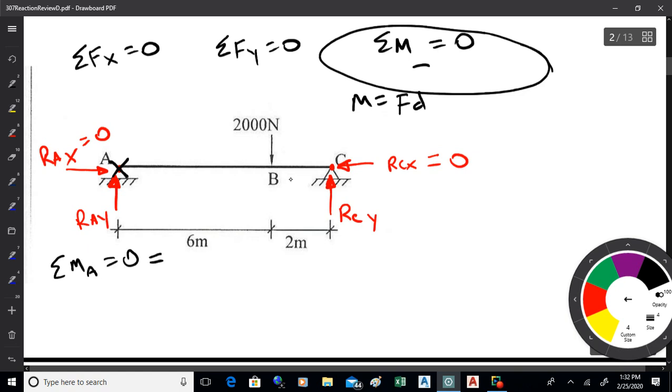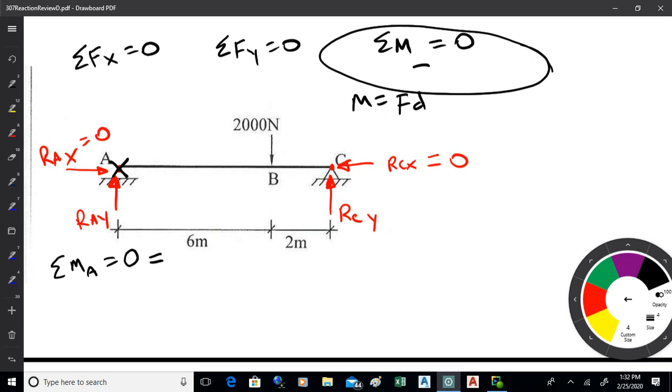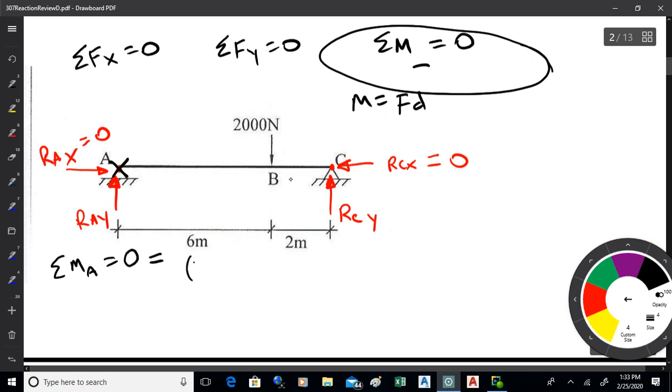So the sum of moments about A equals 0. And you can fill in the stuff here. What do we got? Okay.